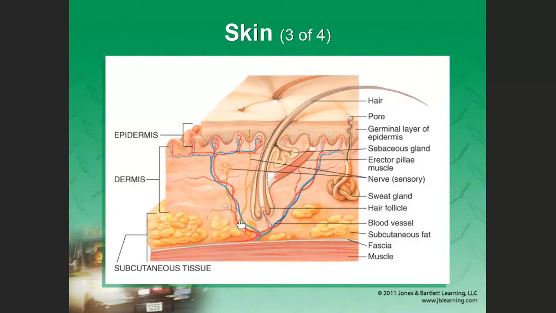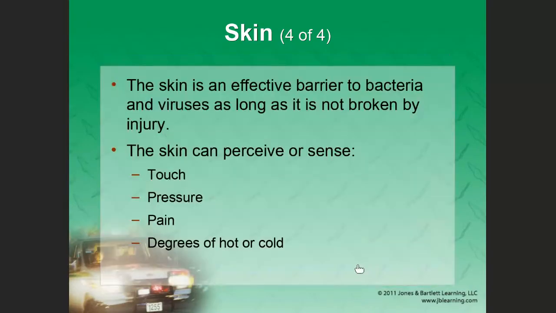You have the dermal layer, where you have important blood vessels and nerves, and then the outer surface or upper layer, the epidermis. The skin is an effective barrier to bacteria and viruses as long as it is not broken by injury. The skin can perceive or sense touch, pressure, pain, and degrees of hot or cold.